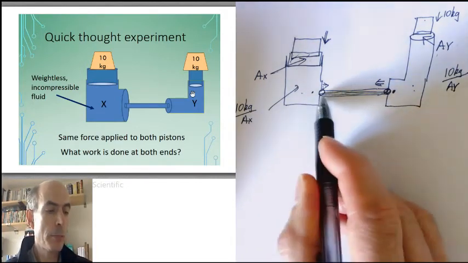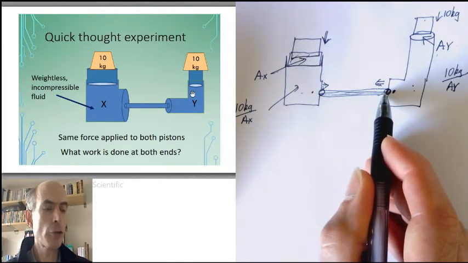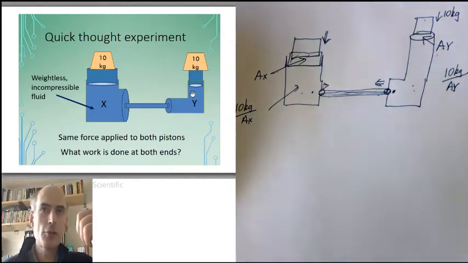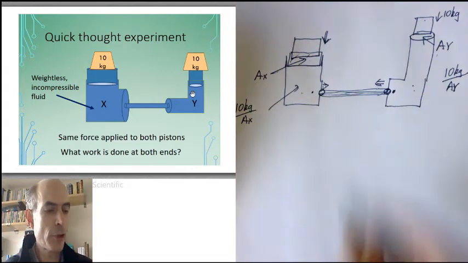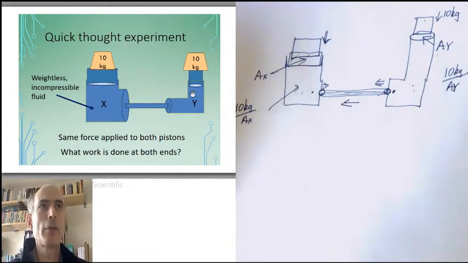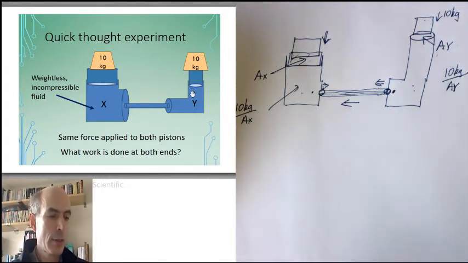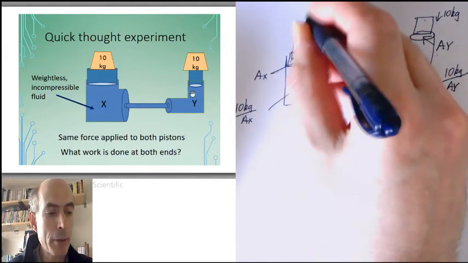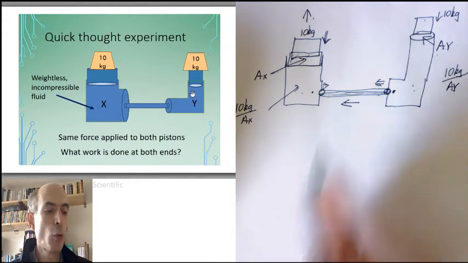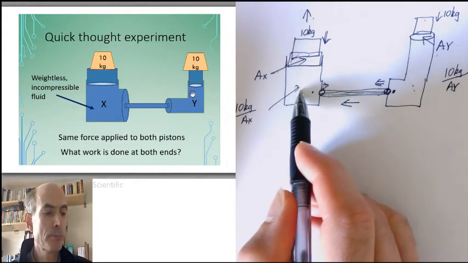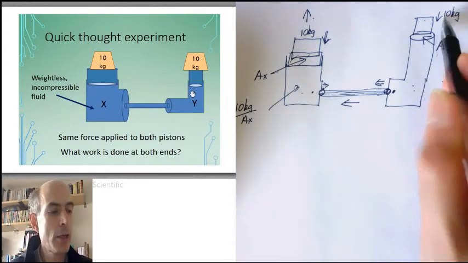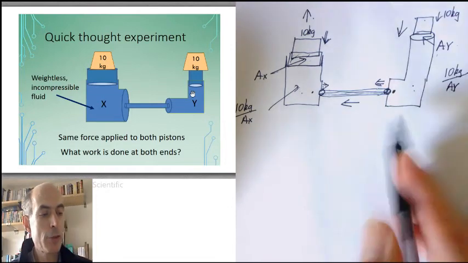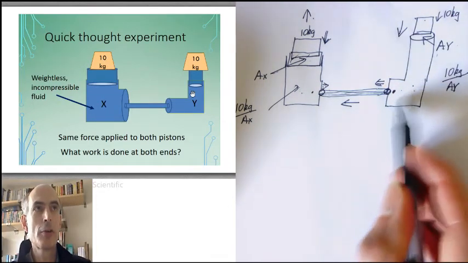So the fluid in the pipe has a larger force this way than it does this way. Net result, it starts to move in that direction. And that means that this 10 kilogram weight here is going to go up as more fluid empties into this cylinder. And this 10 kilogram weight here is going to go down as the fluid leaves this part of the system.